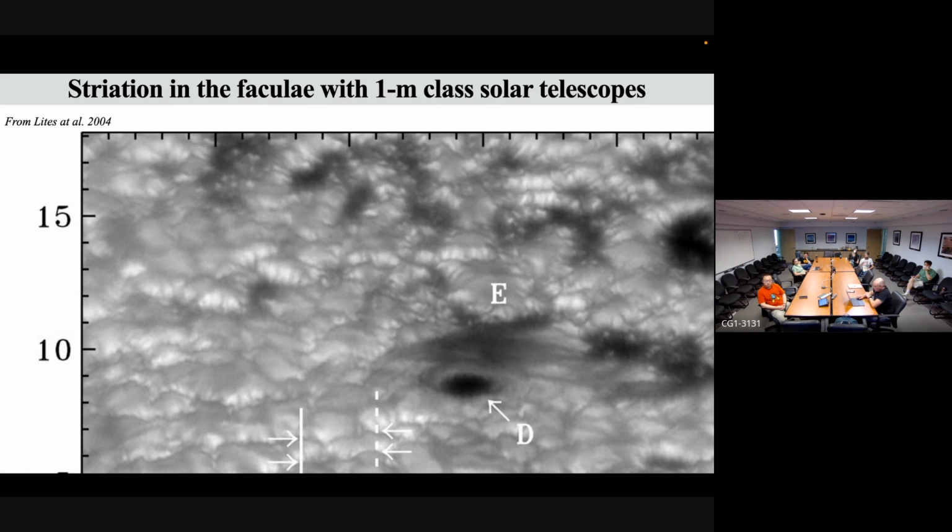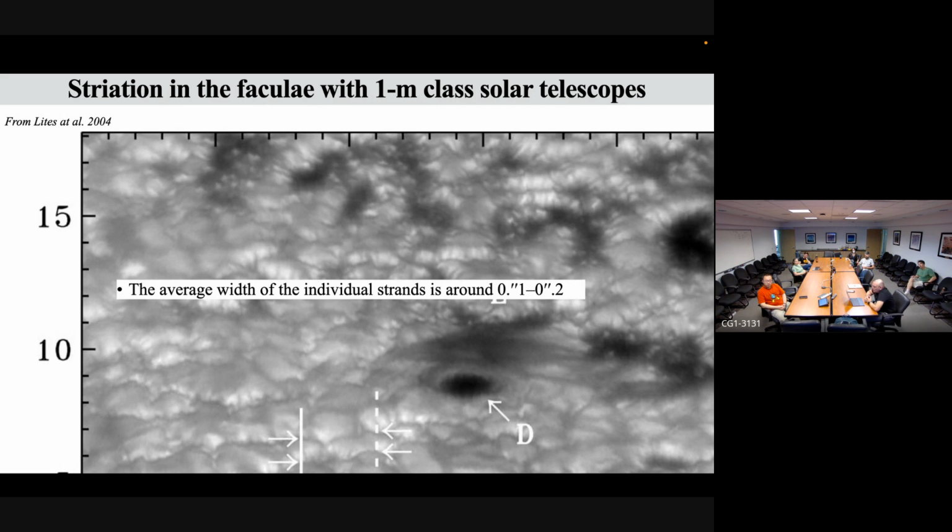Based on these observations and some other observations obtained in G-band with 1-meter class solar telescopes, it was estimated that the average width of individual strands is around 0.1 to 0.2 arcseconds. And this is very close to the diffraction limit of 1-meter class solar telescopes. So this immediately raised the question, do these structures exist at even smaller spatial scales?